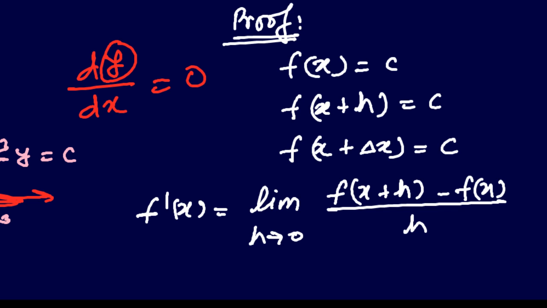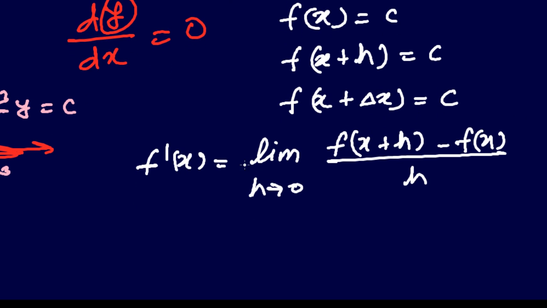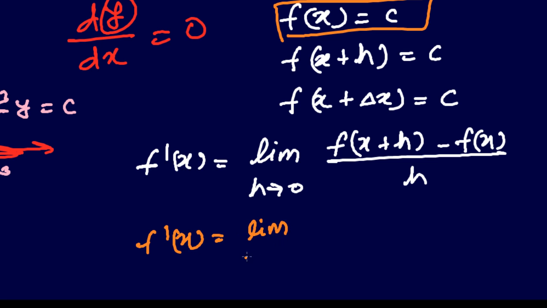This is the definition of the derivative. In this case I'm going to use my function, and keep in mind, f prime of x is going to be the limit as h tends to 0 of f of x plus h, which equals c, minus f of x, which also equals c, divided by h.